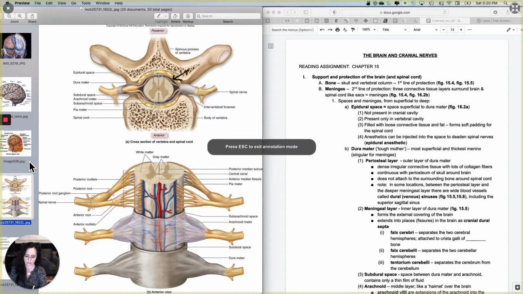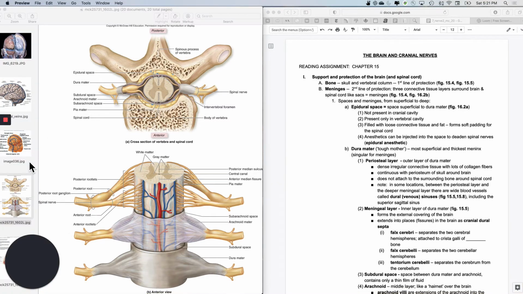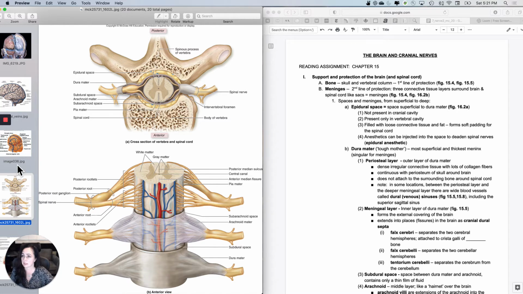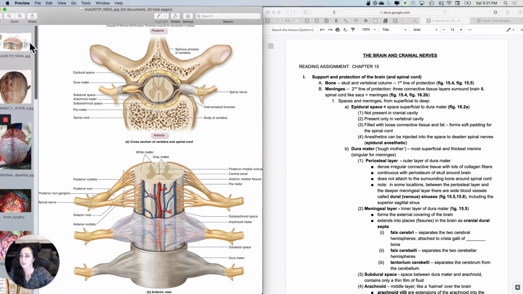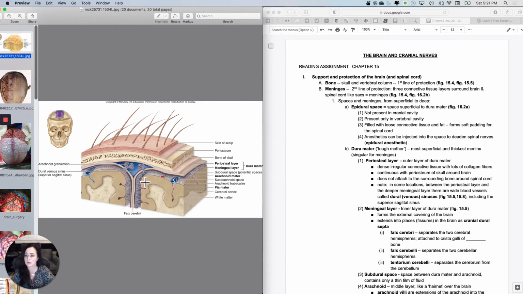And then if you are around the brain, let's find a good picture to look at with the dura mater around the brain. Okay, so this one right here starts working our way in. So here is the bone and then the periosteum of the bone, around both sides. Please note that the dura mater around the brain is going to end up having two layers.